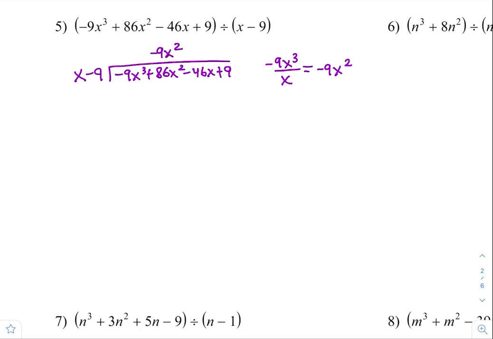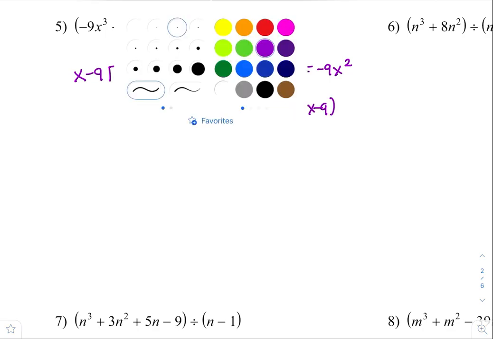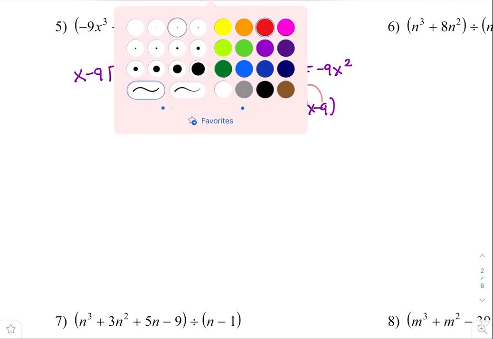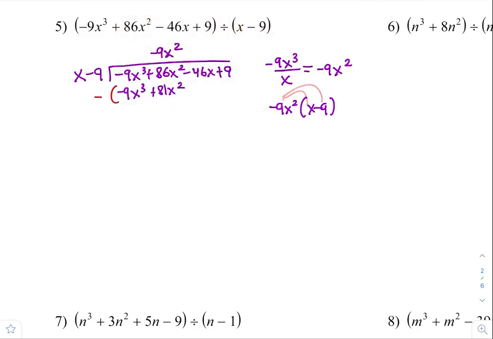Alright, so we got that. So take what we just found and distribute it to that polynomial on the outside of the division sign. So we got negative 9x squared times x is negative 9x to the third. Negative 9x squared times negative 9 is positive 81x to the second. Next step, you subtract.